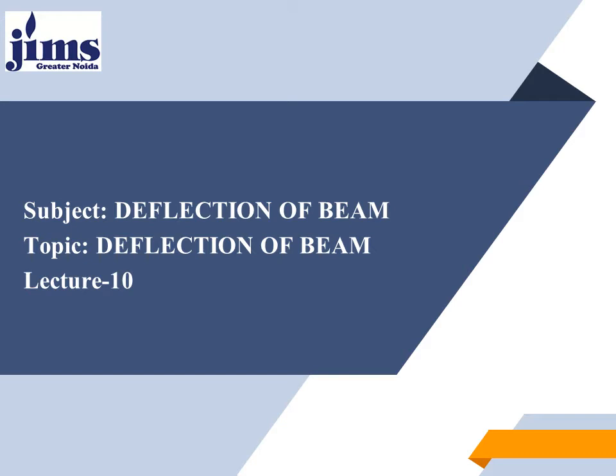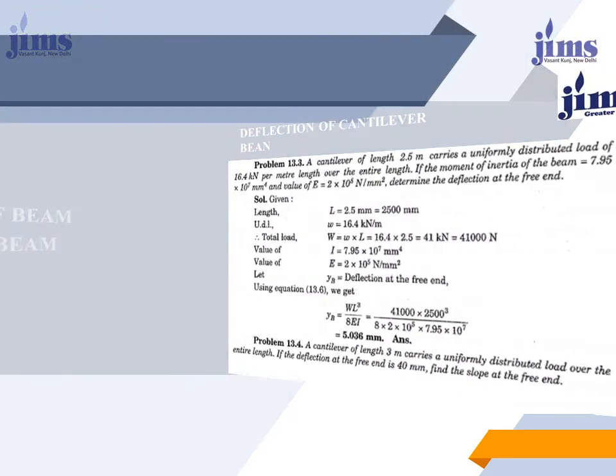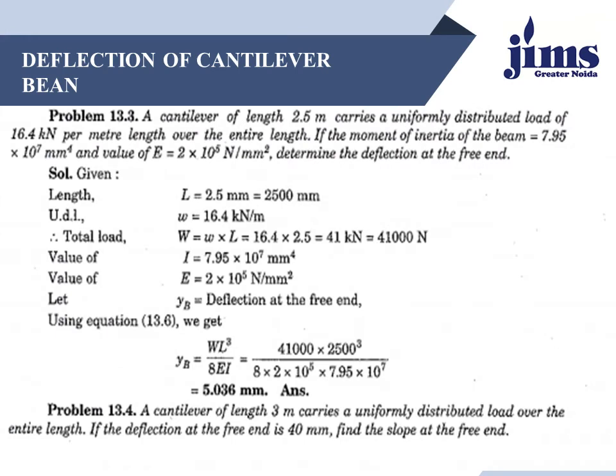In this lecture, we will discuss a problem based on the deflection of a beam, specifically a cantilever beam. The problem is: a cantilever of 2.5 meter carries a uniformly distributed load of 14.4 kilonewton per meter length over the entire length.